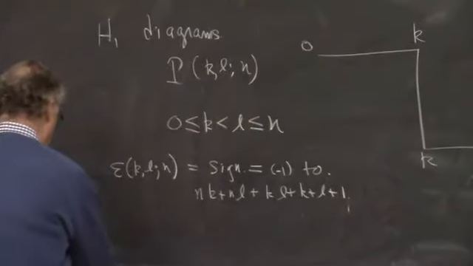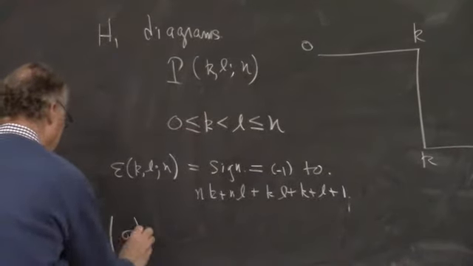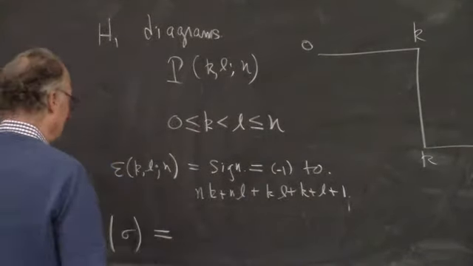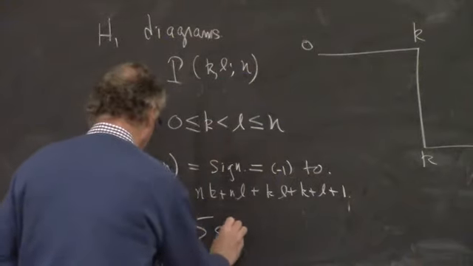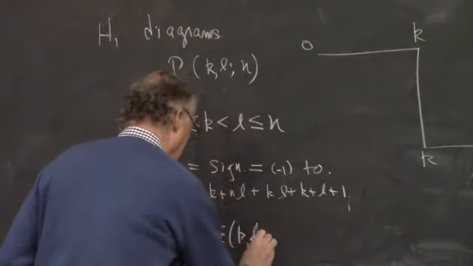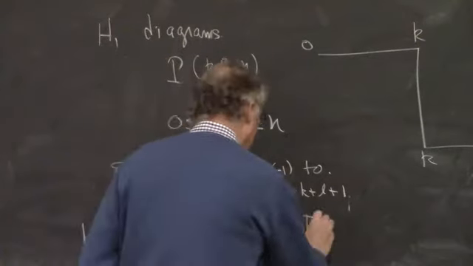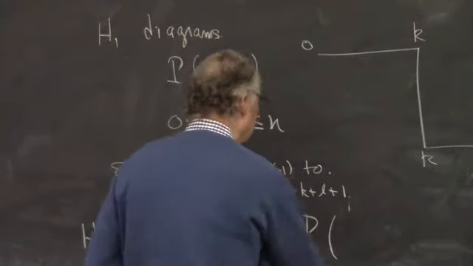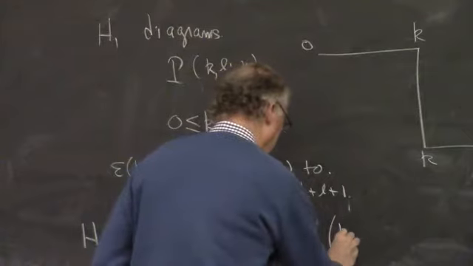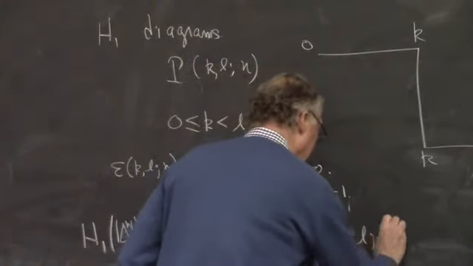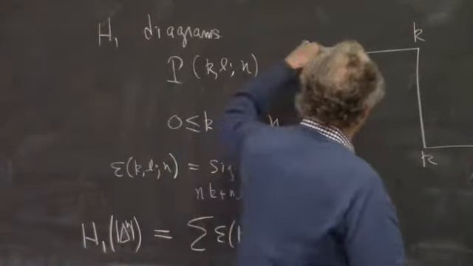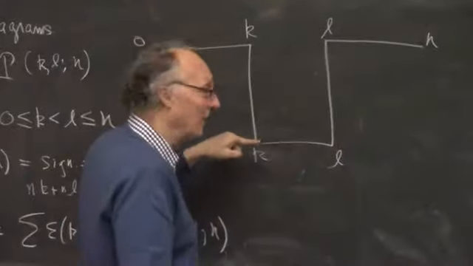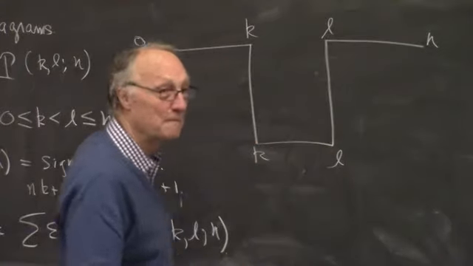And then H1 of the simplex sigma is simply, well, let's say delta N is simply the sum of these signs plus or minus 1 times the tensor product element that's associated to the diagram. In other words, the face of delta N with these vertices tensor the face of delta N with these vertices.